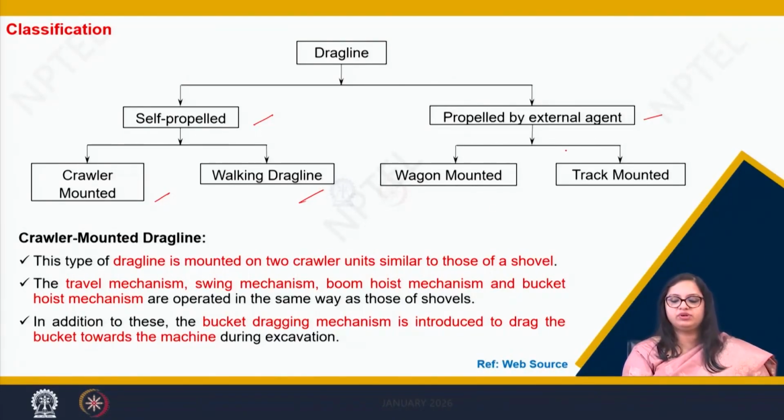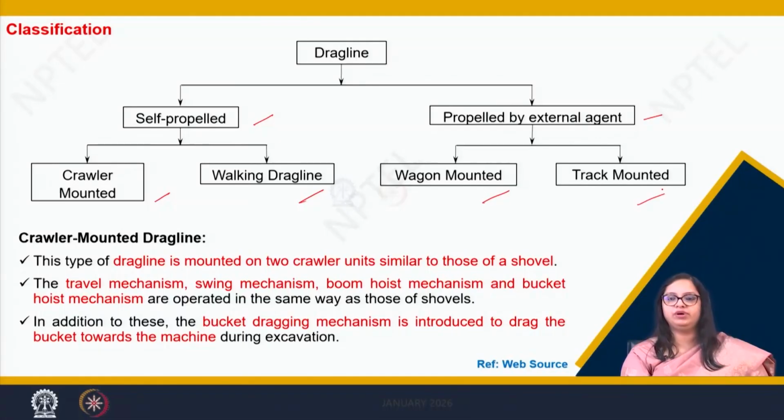When we talk about the drag line which is propelled by an external agent, it can be wagon mounted or track mounted. In track mounted there may be a steam engine. Nowadays we do not find a steam engine, but there may be an engine which would be propelling the dragline, or it can also be a wagon mounted one which would be pulling the dragline.